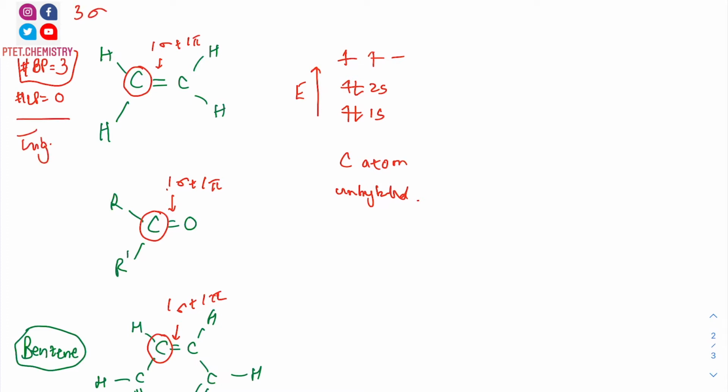That will give you trigonal planar geometry about each of these carbons, whether you're in an alkene, a carbonyl like this, or in a benzene ring. Using a trigonal planar geometry and 120 degrees. So there's 120, 120, 120 degrees all around. Okay, so that was unhybridized.